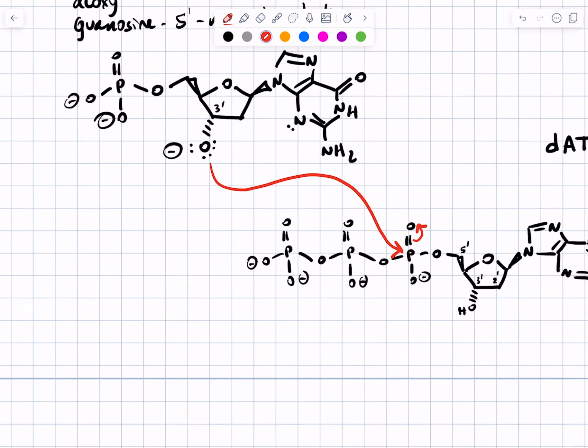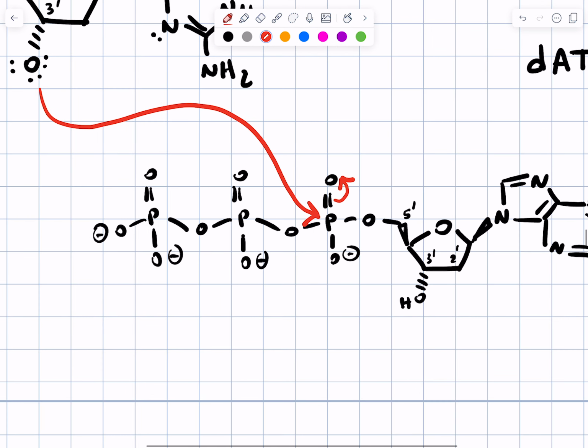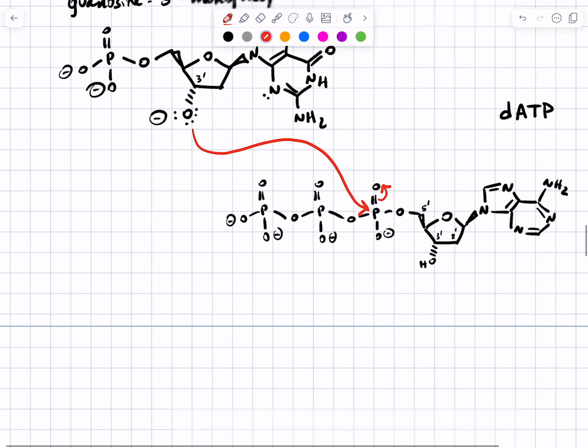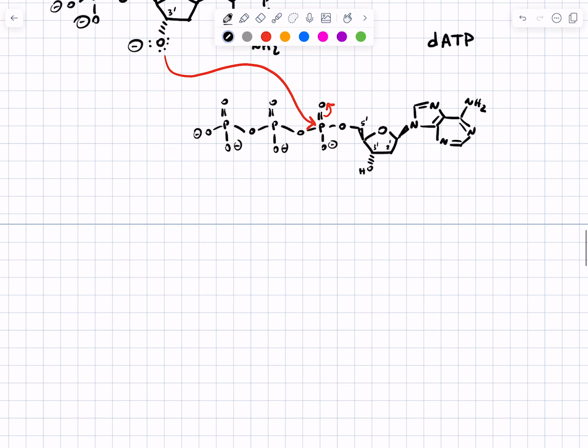And just like in carbonyl chemistry, electrons from that phosphorus-oxygen pi bond will kick up onto the oxygen to give us an intermediate. Now I know you're excited about drawing that. So let me show you where you can abbreviate. Let's draw that intermediate. The phosphorus should be bonded to 5 things now.